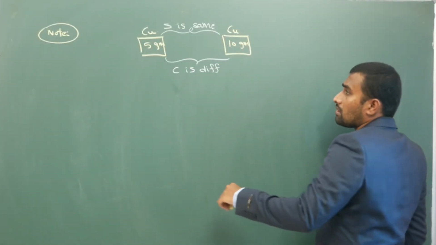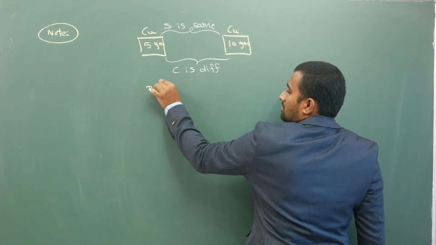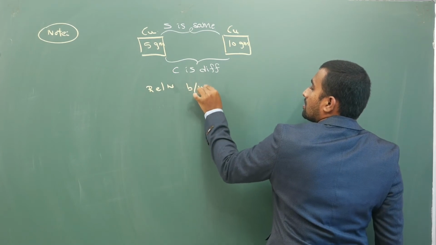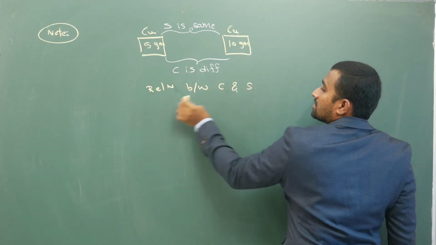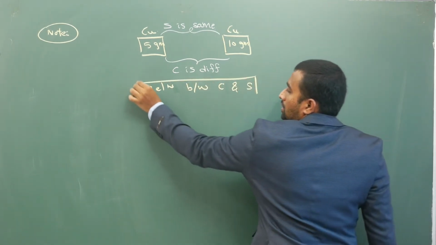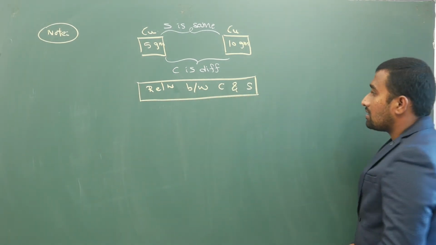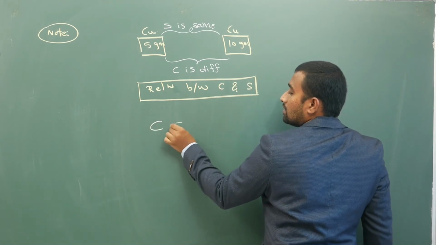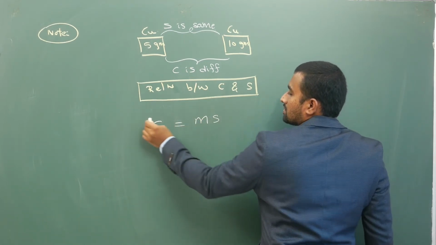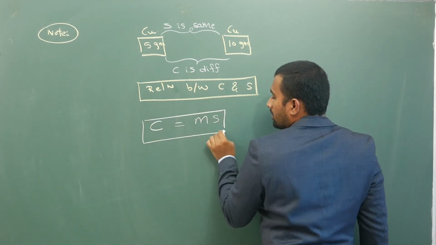Now what is the relation between C and S? Your C is equal to M into S. How did you get it?